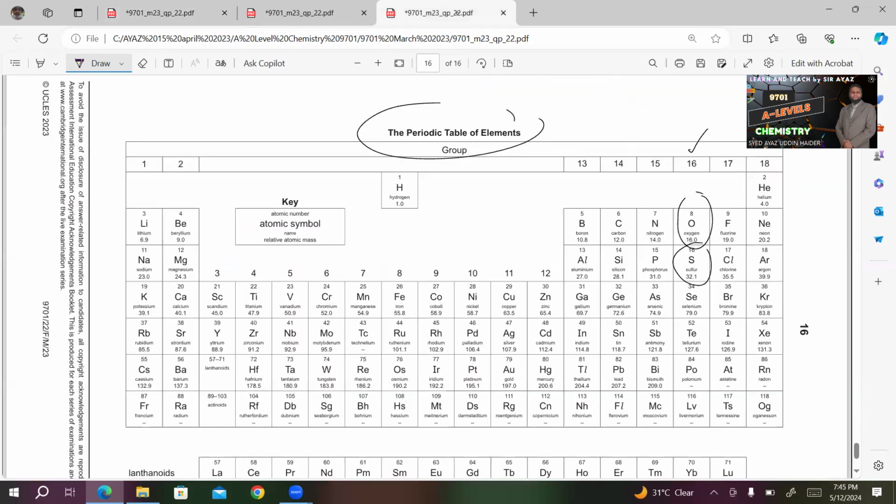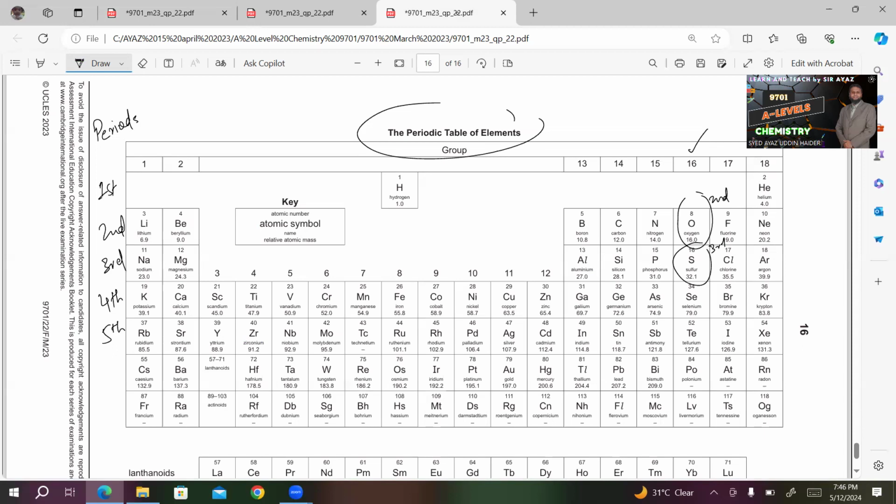Now, if you look at the position of oxygen and sulfur, oxygen is in the second period. These are the periods. Periods first, second, third, fourth, fifth. Oxygen is in second period. Sulfur is in third period.